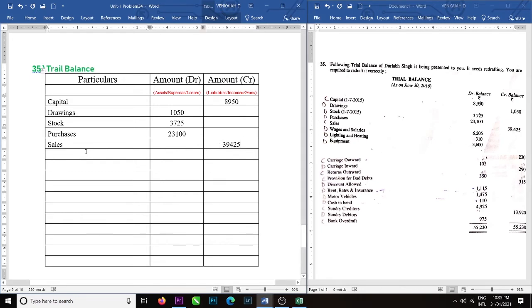Lighting and heating is an expense. Lighting and heating 310. Equipment is an asset. Carriage inward and carriage outward are expenses. All expenses are debit.